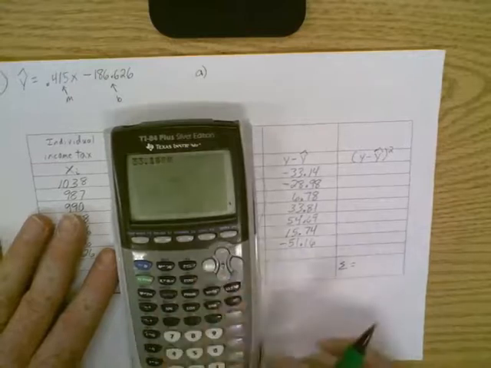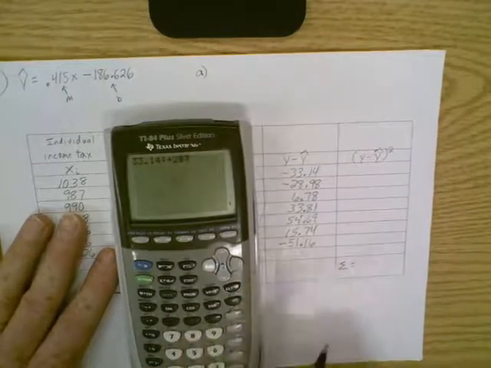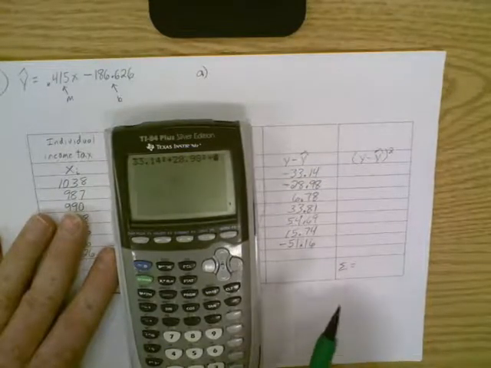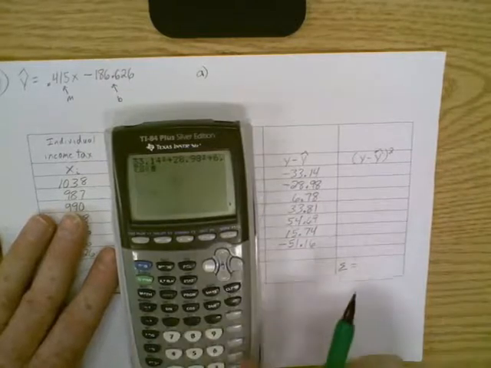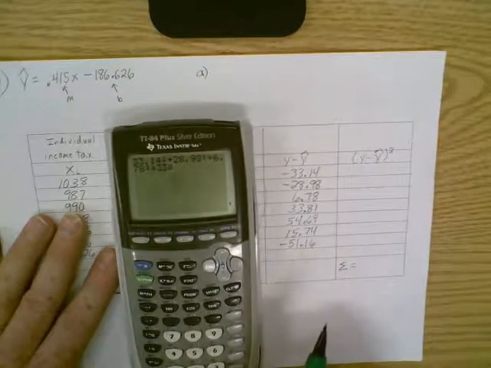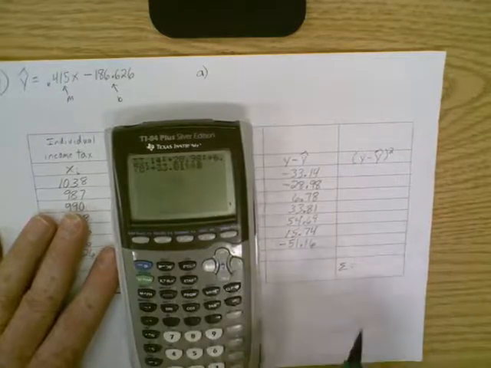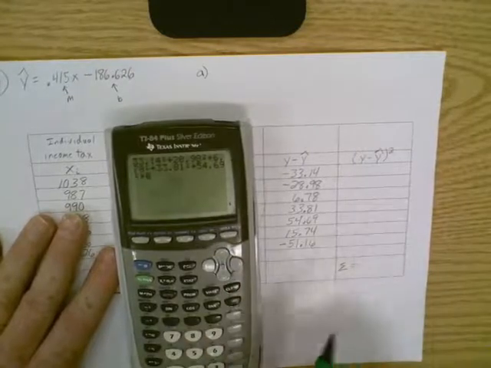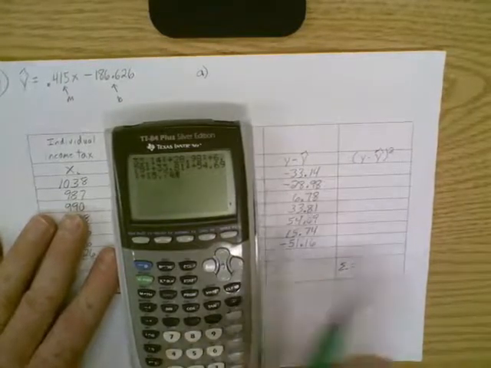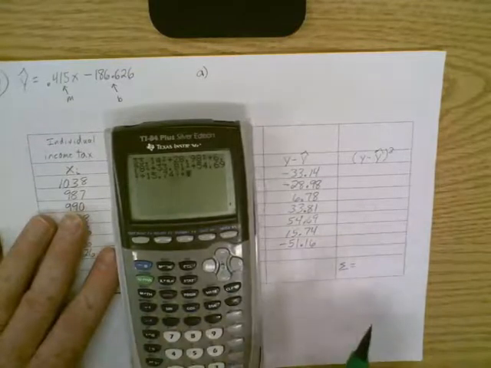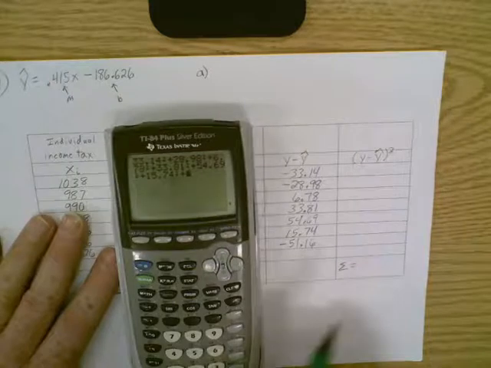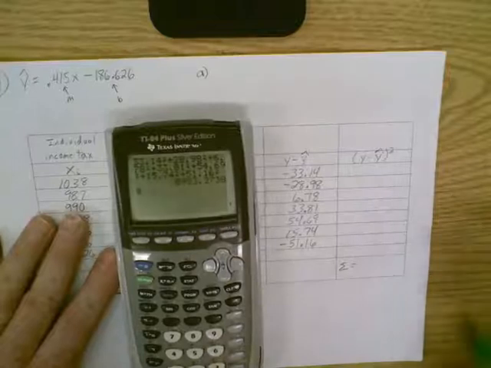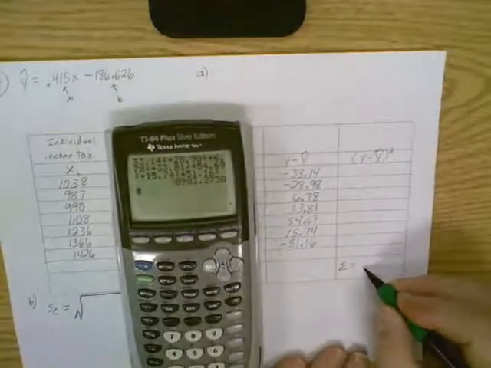33.14 squared plus 28.98 squared plus 6.78 squared plus 33.81 squared plus 54.69 squared plus 15.74 squared plus 51.16 squared, hit equals, and that gives us this total down here.